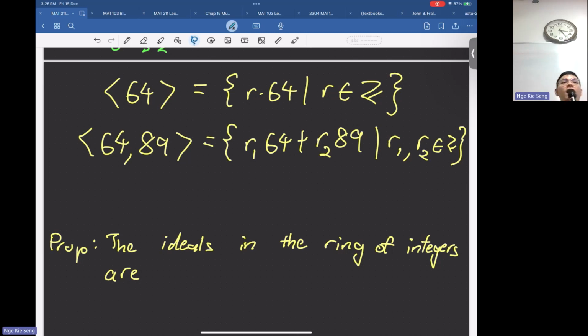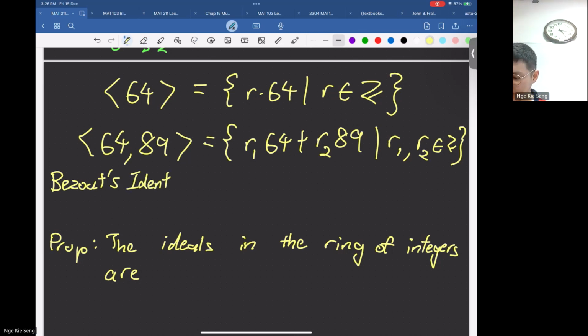If two numbers are coprime, the Bezout identity.